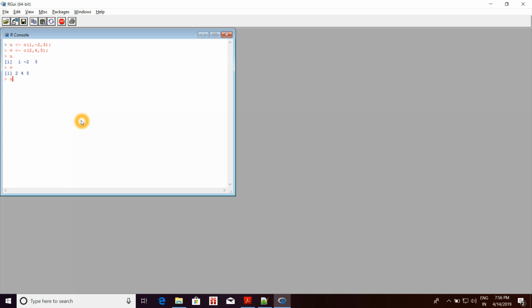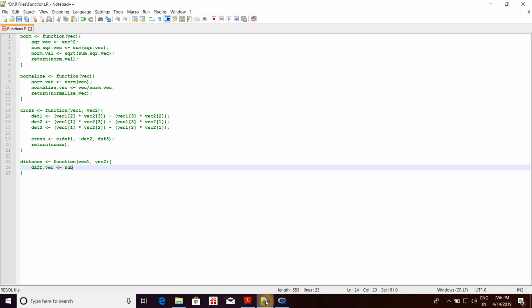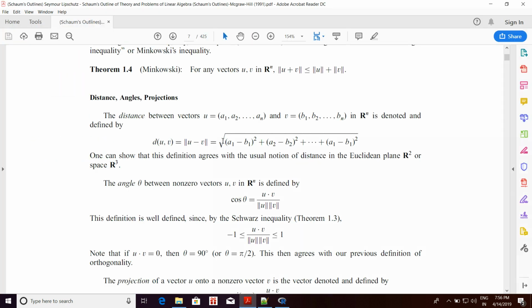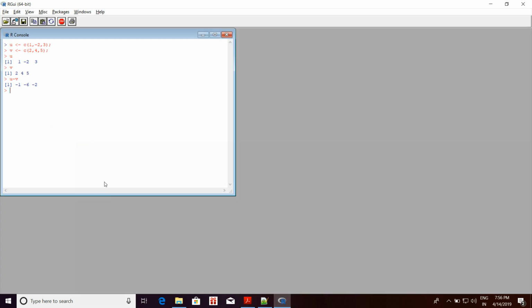Say for example u minus v will be this, and first we have to take the difference and then square it. So this is the difference, and then we have to square.